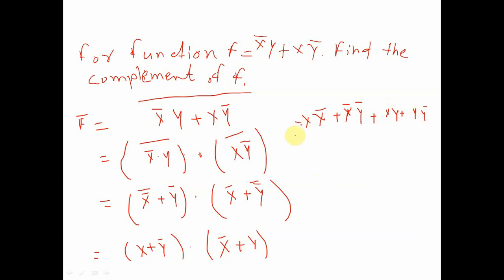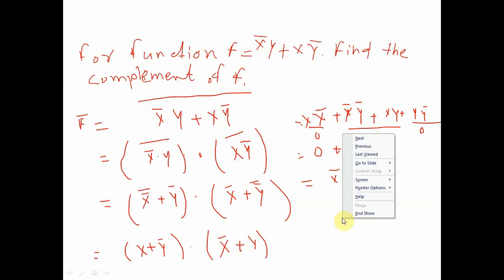Now see here, x into x bar is nothing but 0, and y into y bar is nothing but 0. So the remaining two terms are x bar y bar plus xy. Here the other two terms are 0. So the remaining answer is x bar y bar plus xy. Here the complement of f is obtained.